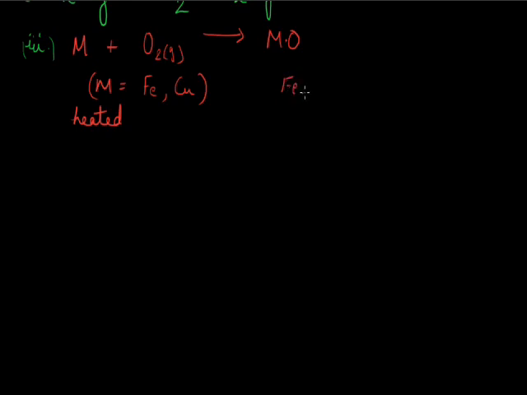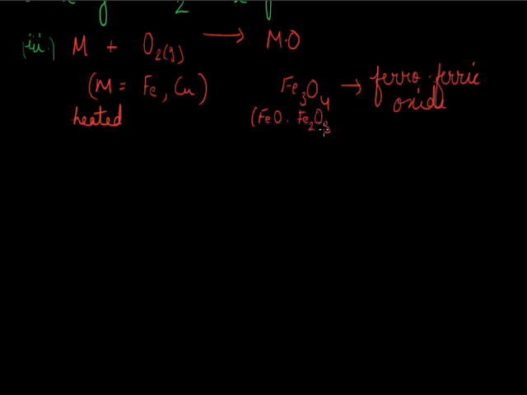That is Fe3O4, which is ferroferric oxide. Now the name ferroferric oxide means Fe3O4 is not a single oxide, it is a mixture of two oxides. Here FeO, that is ferrous oxide, and Fe2O3, that is ferric oxide.